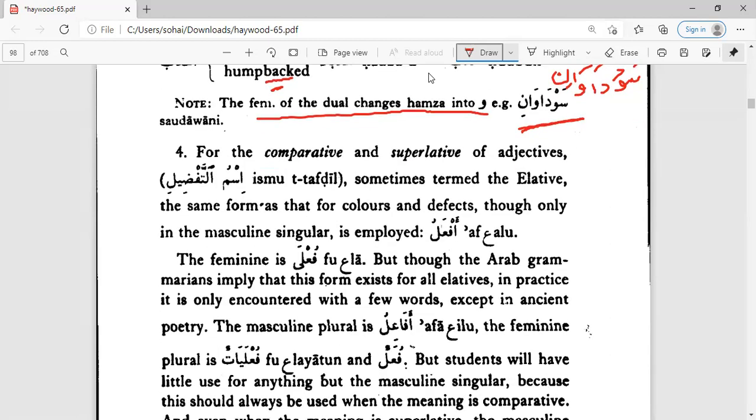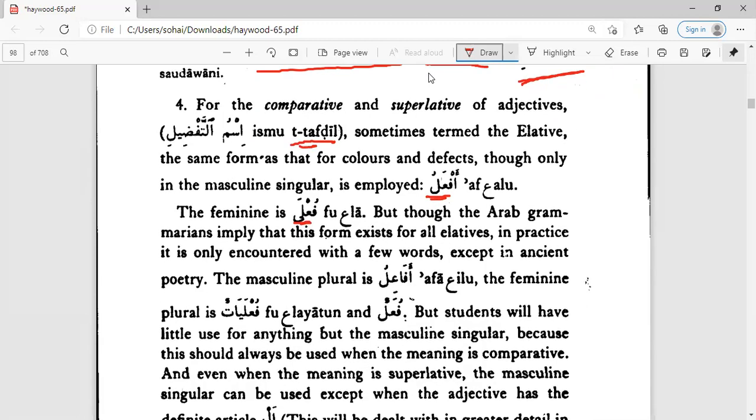Okay, pay attention. This is still the key part, and this is what we know as Ism Tafdeel. Same scale as what we've done before, af'alu for masculine, and for feminine fu'la. This is used when you want to say comparative and superlative.